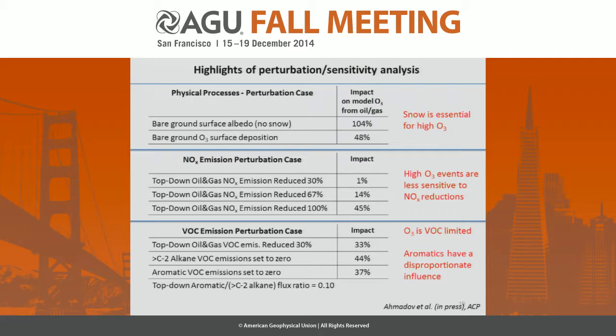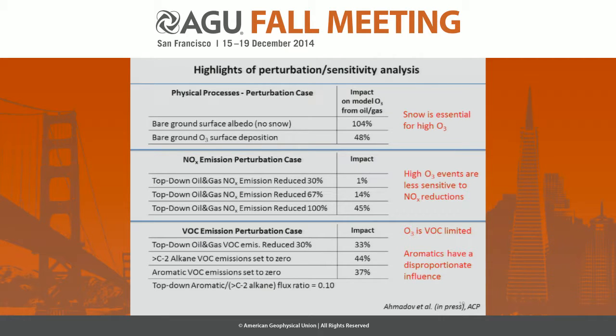Basically, 100% means if we remove that process or emission, all the enhancements that the model predicted are gone. So basically, the model doesn't predict any ozone above the background.